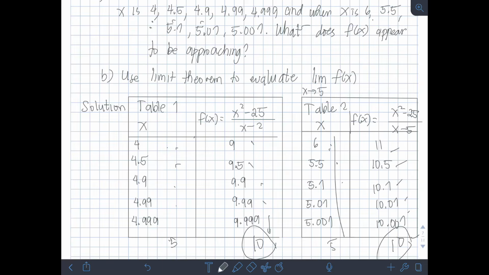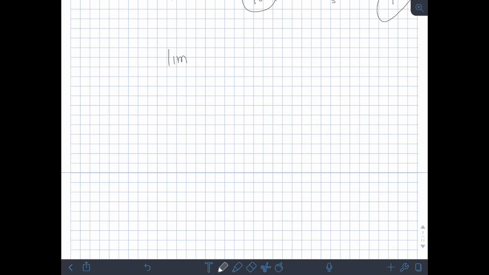Okay? Now, kung gagamitin daw natin yung limit theorem to evaluate limit of f of x as x approaches 5. So, sulat ko muna ulit to. Limit of x squared minus 25 over x minus 5 as x approaches 5. So, kung i-apply na natin yung limit theorem, limit of x squared minus 25 as x approaches 5 over limit of x minus 5 as x approaches 5, which is yung limit theorem na in division.